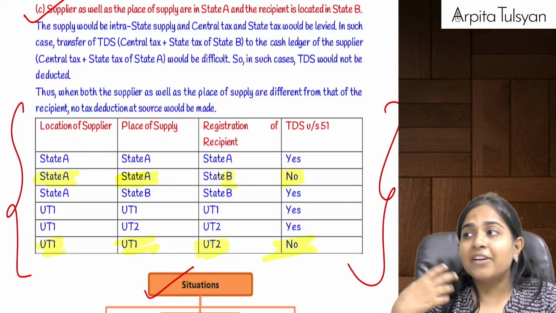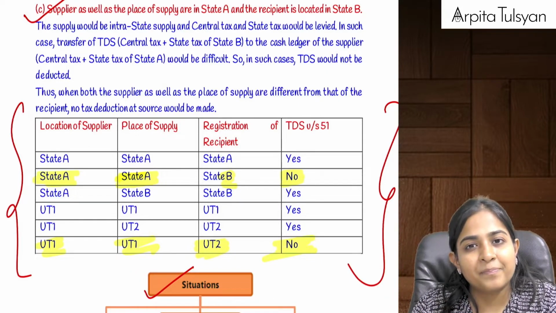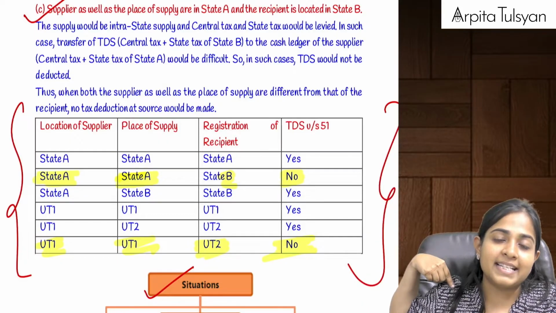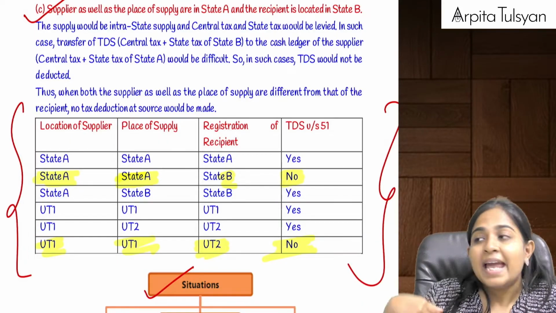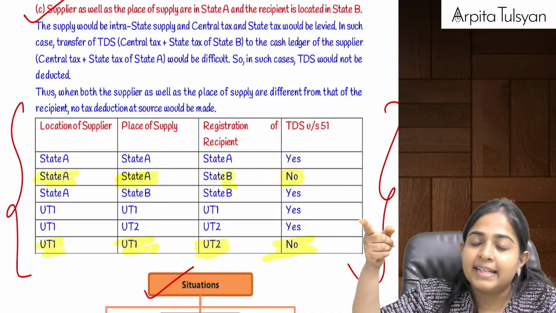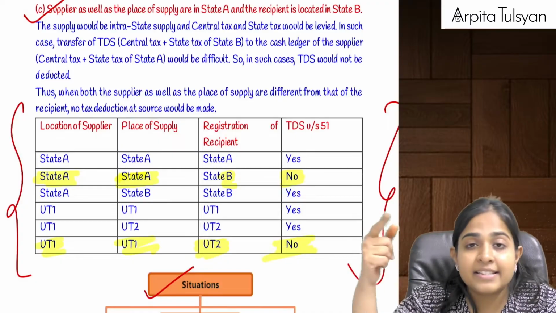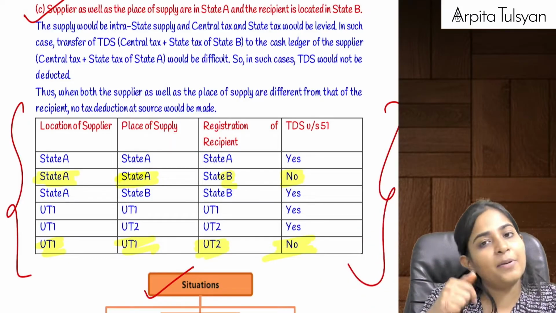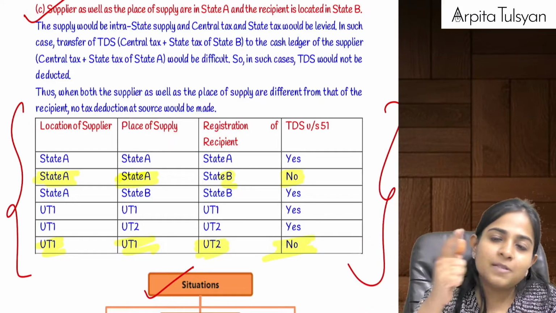So can we say I will not be able to get a credit of the same? The Delhi person cannot pay 1% TDS in the Maharashtra SGST account. He will pay 1% TDS under Delhi SGST. But if he pays under Delhi SGST, I will not be able to take the credit because I am sitting here in Maharashtra. So this becomes a very big problem.